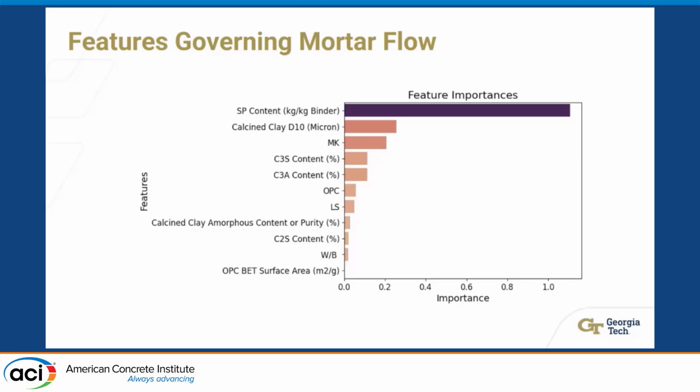We haven't even delved into the chemistry of it, but certainly the model has figured out that the amount of superplasticizer is important. It's interesting, though, that it really focuses on the variables associated with the clay: both the size distribution of the clay, where we're reporting D10 in microns, and also the amount of metakaolin, which shows up as highly important in determining the mortar flow.